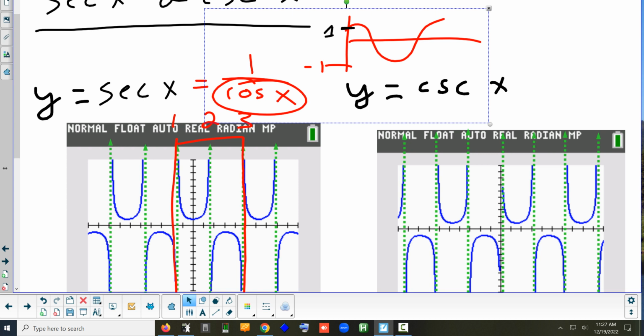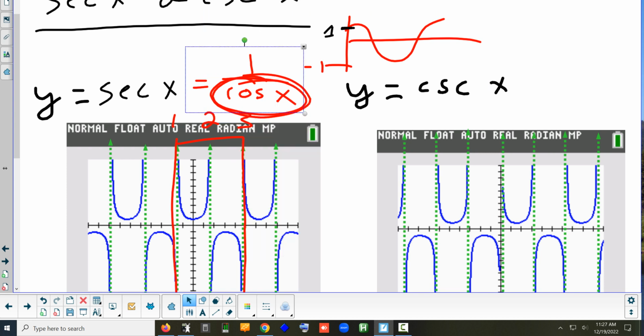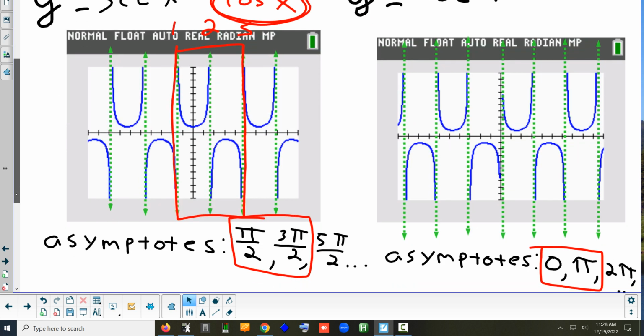But the only way you can get a number between -1 and 1 is if this denominator could be a number like 3. Then 1 divided by 3 would be 1/3, but it can't. Cosine never hits 3. So you're never going to get a fraction between 1 and -1. So there's a gap. And that's secant and cosecant.